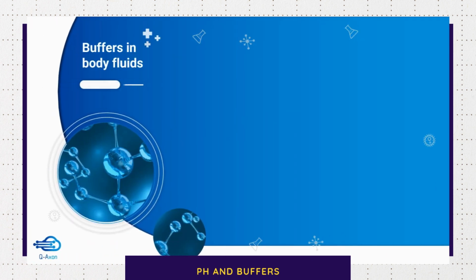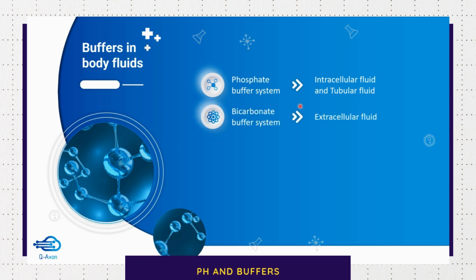So, what are the physiological buffers in body fluids? There is a phosphate buffer system which is important for intracellular fluid and tubular fluid in kidneys. Then there is a bicarbonate buffer system, which is very important for extracellular fluid. And then there are proteins which are present both in intracellular fluid and extracellular fluid.